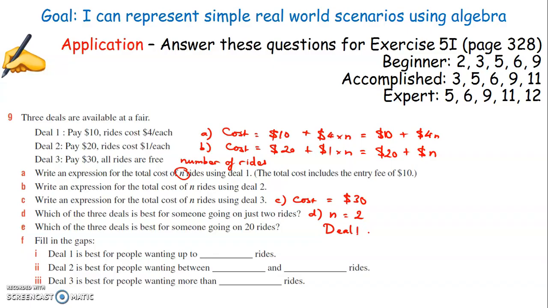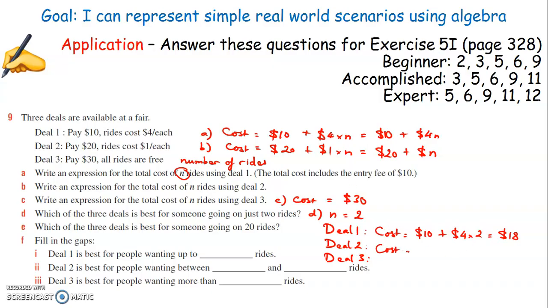So for deal number 1, and we're going to do it for deal number 2, and then we're going to do it again for deal number 3. So deal number 1, the cost is $10 to get into the fair, plus 4 times 2 for the number of rides. So 4 times 2 is 8, plus the 10, that's going to give us 18. So it's going to cost that person $18.